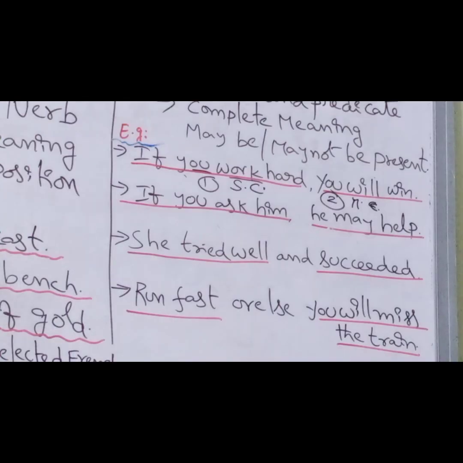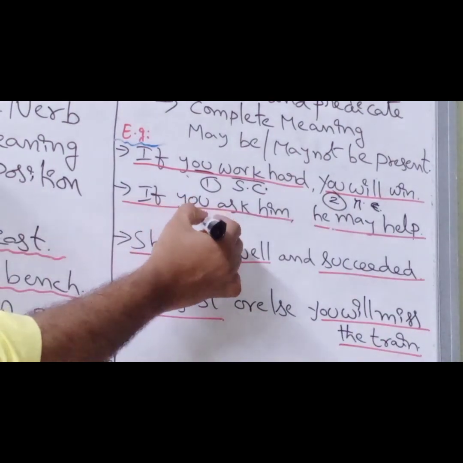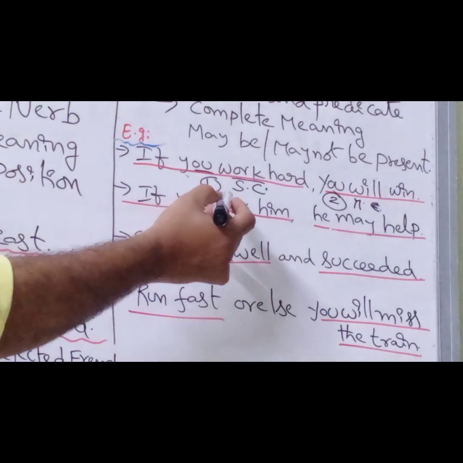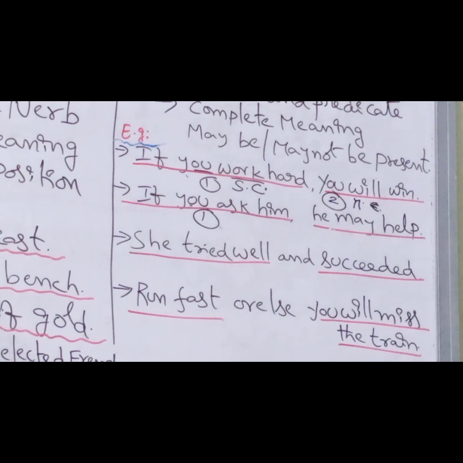In the second example, if you ask him, he may help. Part 1, if you ask him. In this part, subject you is there, and ask, verb is there, and complete meaning? Is there any complete sense? No. If you ask him, that's it. We are not telling what will happen.